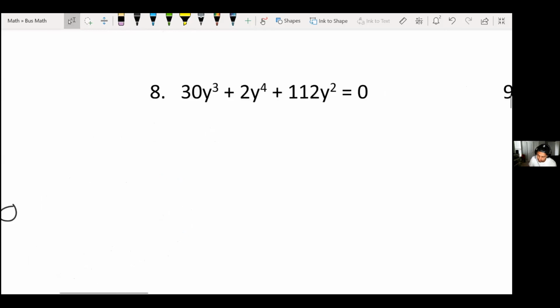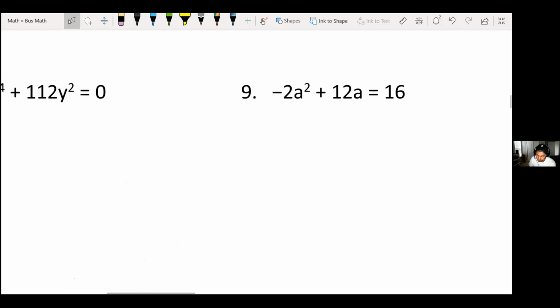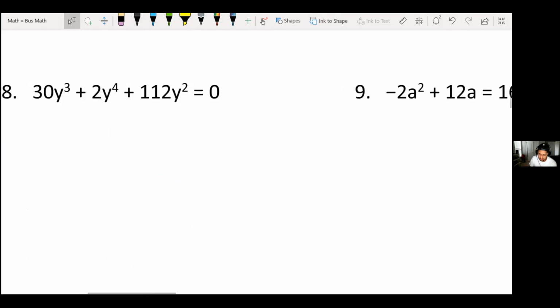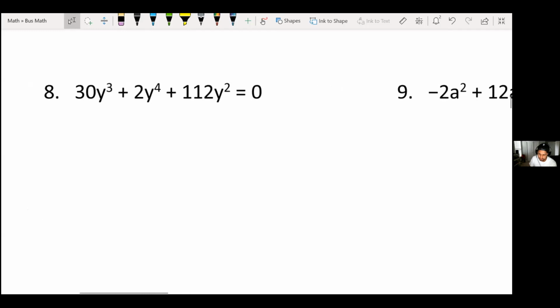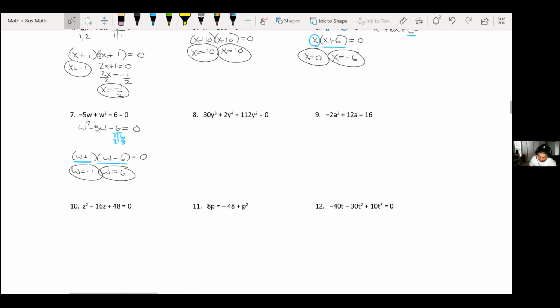All right, let's keep going. I can leave those two open to your interpretation. I will do number 8, and then we'll move on.